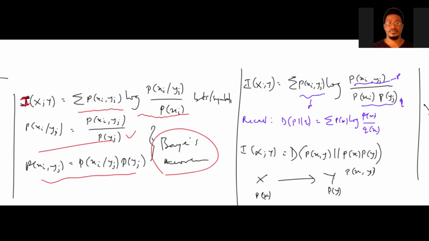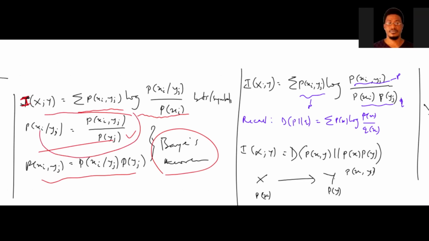Because we have by Bayes' theorem, P of S sub i, Yj is the same as P of S sub i given Yj times P of Yj, right? This is so. Then this expression is the same as this by Bayes' theorem. So once we plug that into this expression, what do we get?